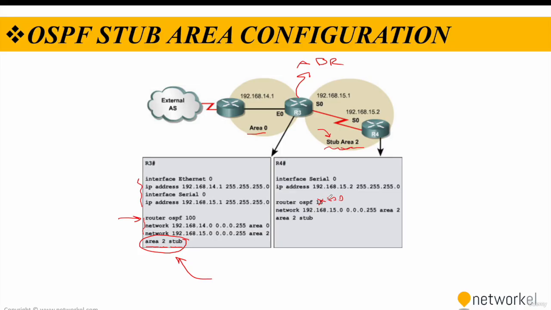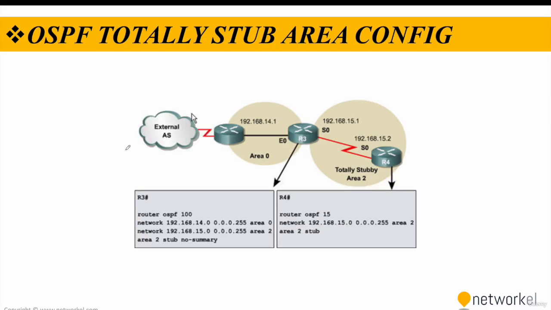Router OSPF 100 again, I have my network statement, and the configuration I will type for router 4 is also area 2 stub. The same configuration, but pay attention that you need to configure it on both router 4 and router 3. This will help us configure a stub area for area 2.